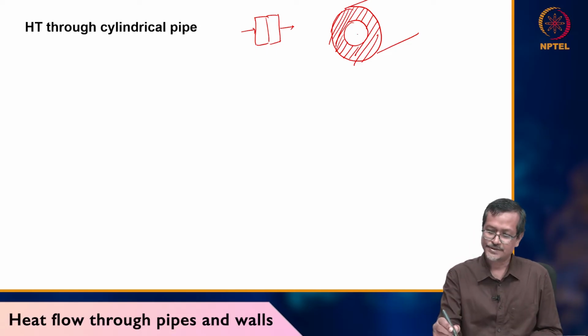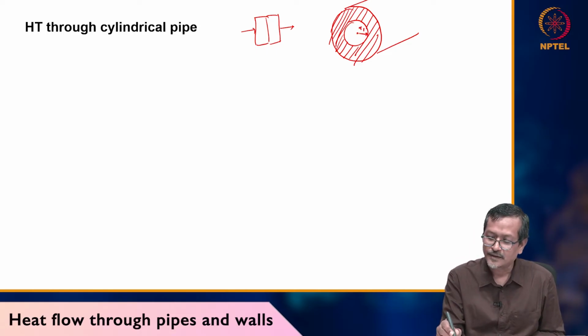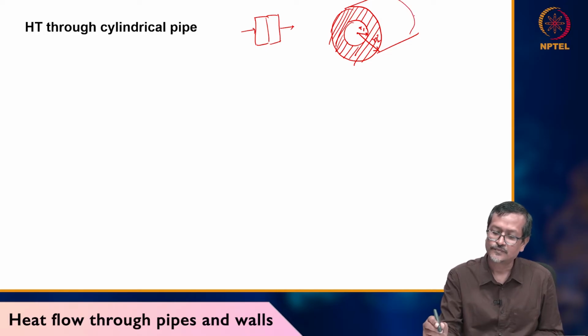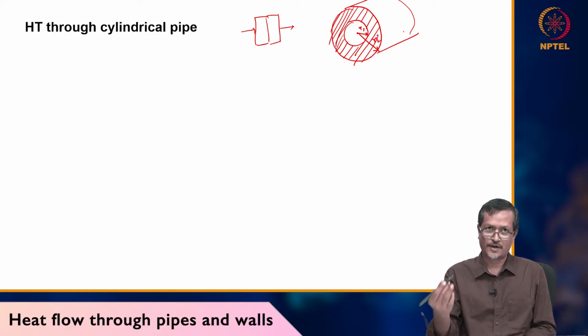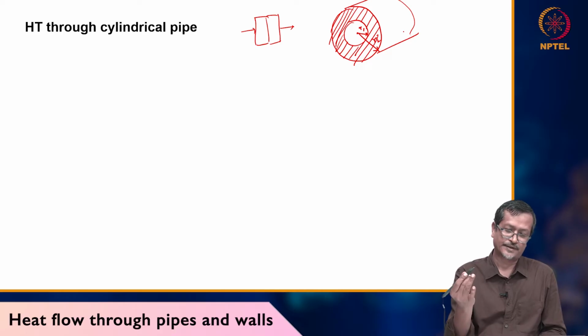Because of R1 and R2, if you see, this area is changing. When the area is changing, you can't directly use the formula you used for K A delta T by delta X. So here the formula will change.